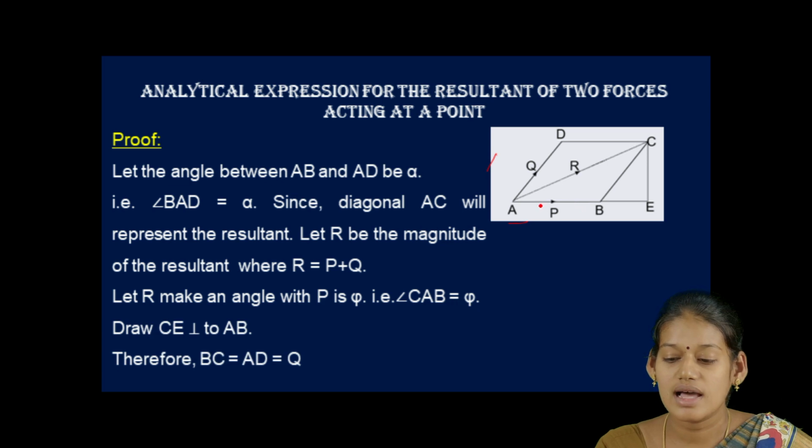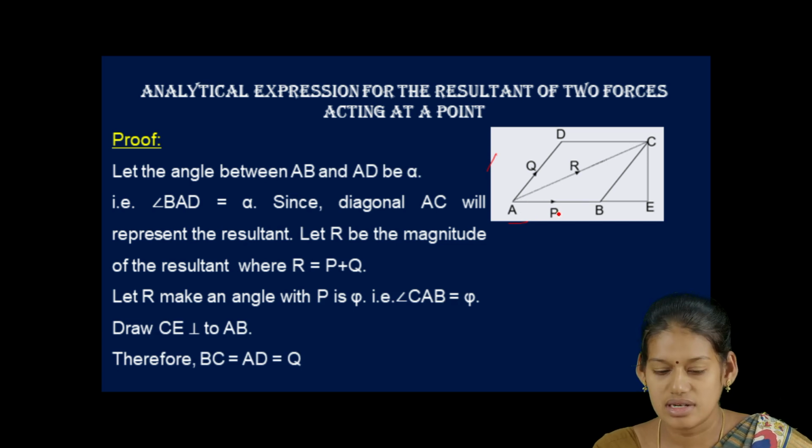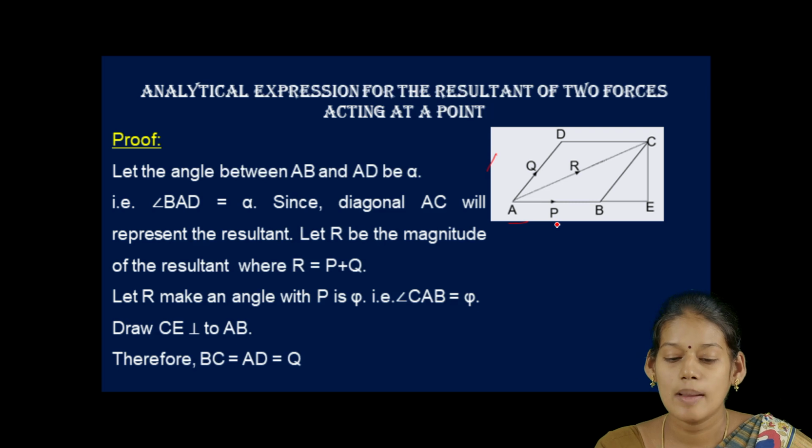Let the angle between the two forces be alpha, so angle BAD equals alpha. Since diagonal AC represents the resultant, let R be the magnitude of the resultant. Let R make an angle phi with P, so angle CAB is phi.